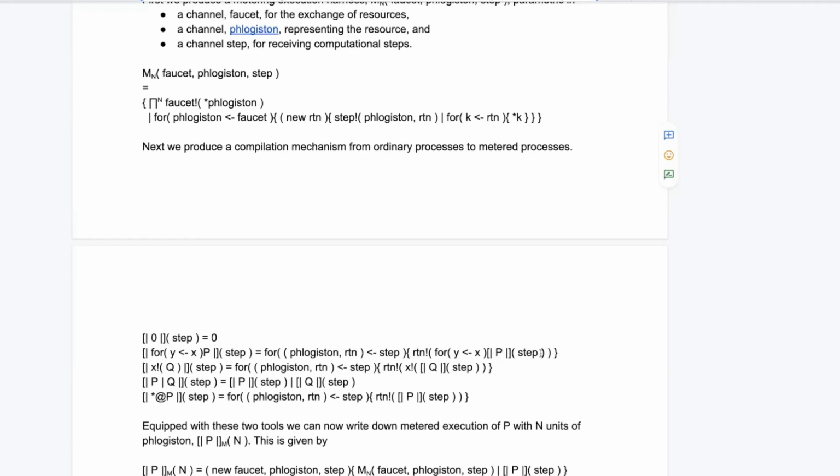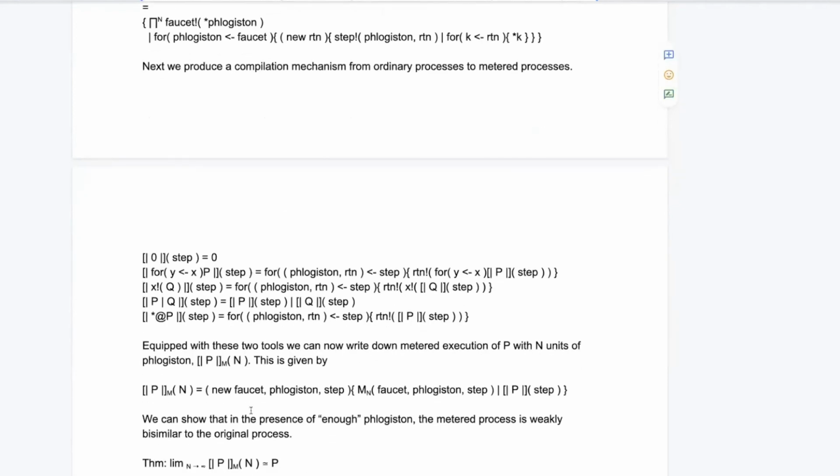If you run through all of these, you'll see that we won't ever do any computation without paying for the steps. Every IO event will result in having to pay some phlogiston, and you can show that if you always have enough n, enough phlogiston, then the metered version of the program is the same as the program without metering.